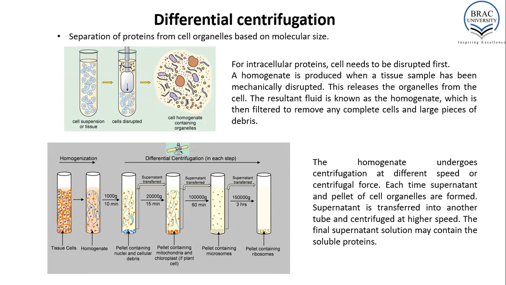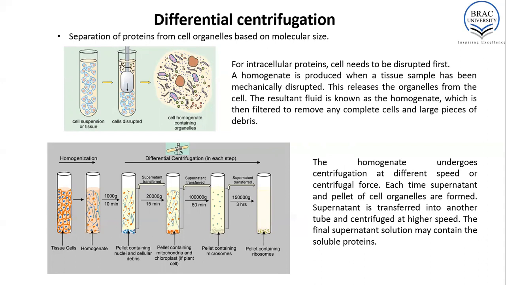Each time, a supernatant and a pellet of the organelles are formed, and the supernatant is transferred to another tube and then centrifuged at a higher speed. So it mainly depends on the centrifugation speeds and time, where the size of the particles is important.